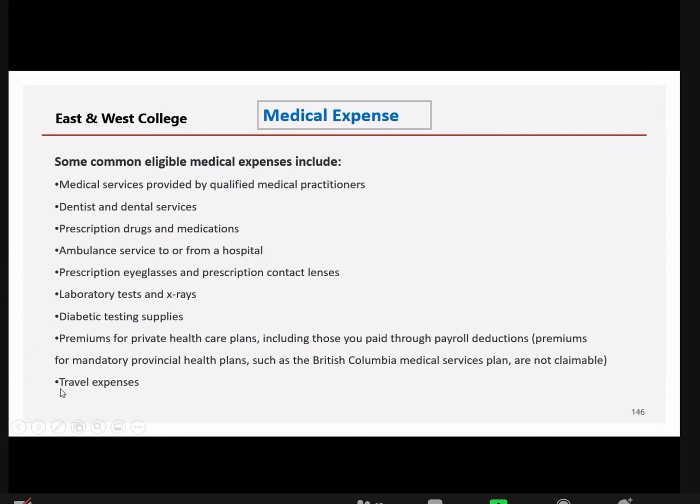Okay, for travel expenses, the travel expenses are still qualified. I'll give you an example with my friend. My friend is a lawyer. She makes lots of money.